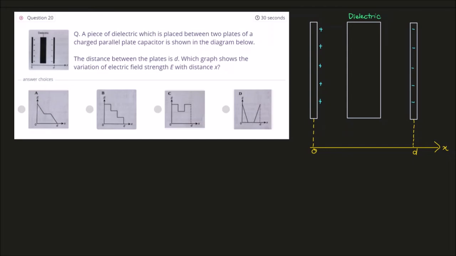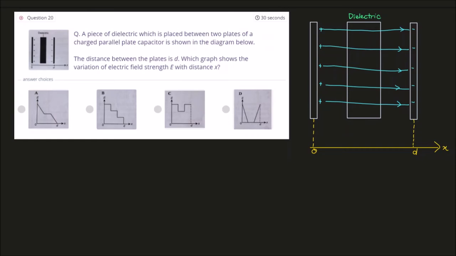That's the first thing created. You create a uniform electric field. Okay, let's draw the arrow like this. Now we have a dielectric in between here. The effect of this uniform electric field on the dielectric is that it will induce a surface charge on the surface of the dielectric itself.